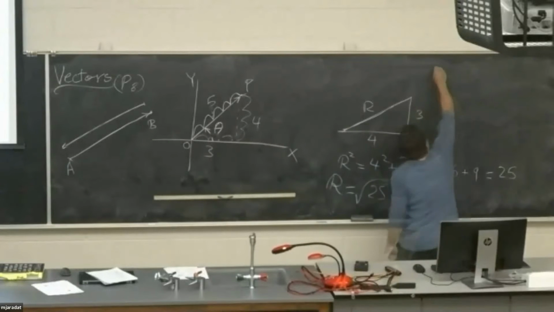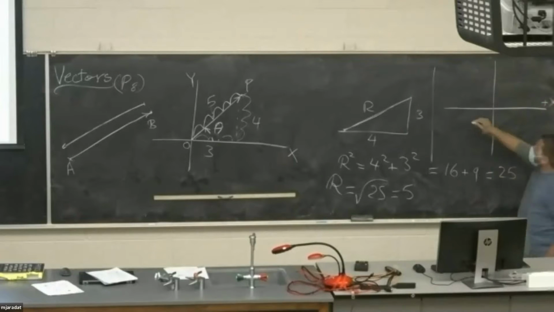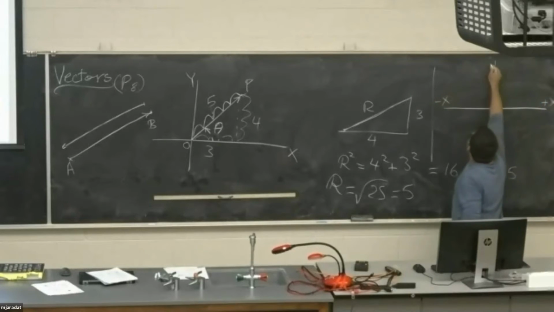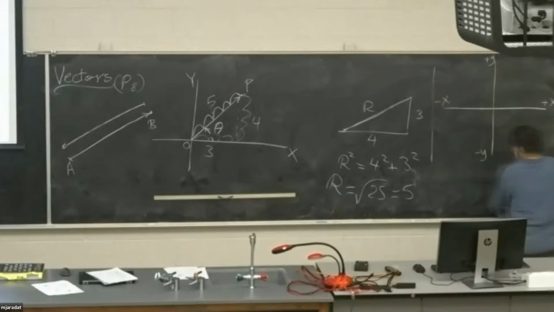Another note to deal with the XY plane. This is positive X, you know that. This is negative X. This is positive Y. This is negative Y. We have another name. This is east on a map, on the ground.